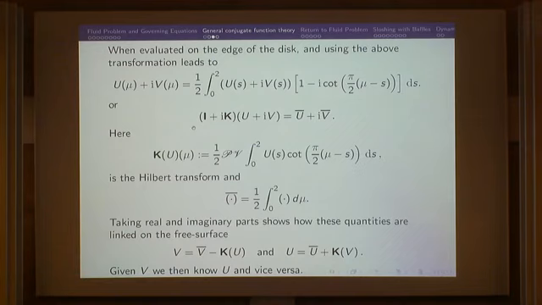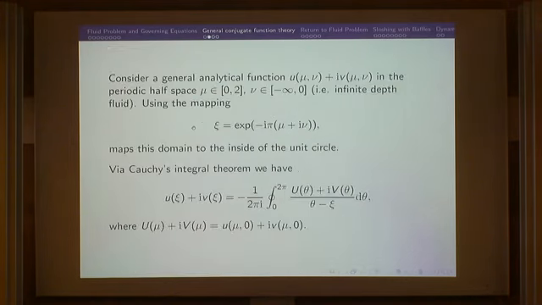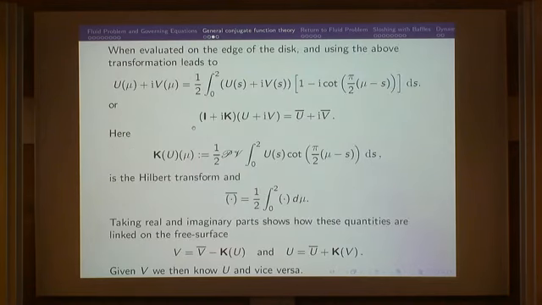So how does that then relate to what we want to do in finite depth? Well, the problem is exactly the same, except now you don't have infinite depth. You have a region of space that, when you use this exponential mapping, maps to an annulus rather than the inside of the disk.